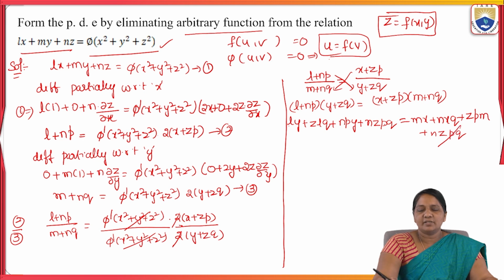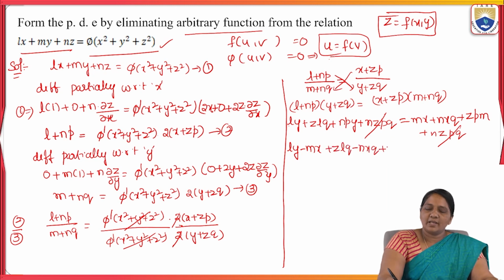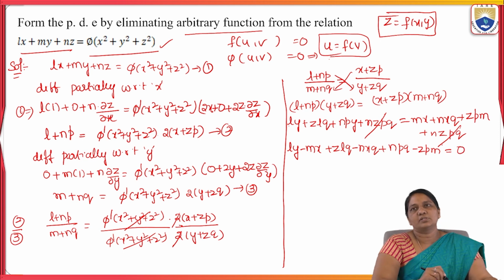Here nz into pq on both sides will be cancelled, and sending the remaining terms to the LHS: ly minus mx plus zlq minus nxq plus npy minus zpm is equal to 0.